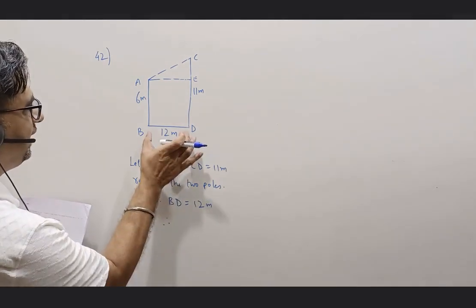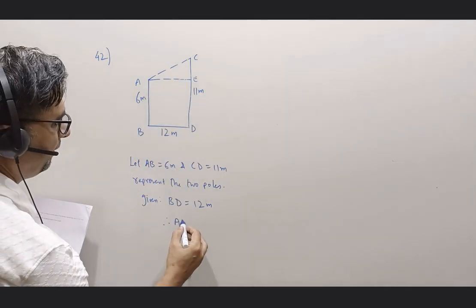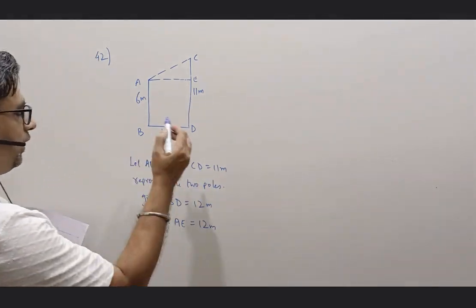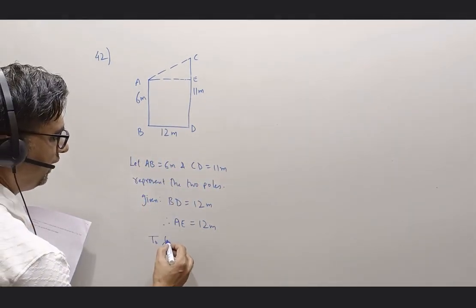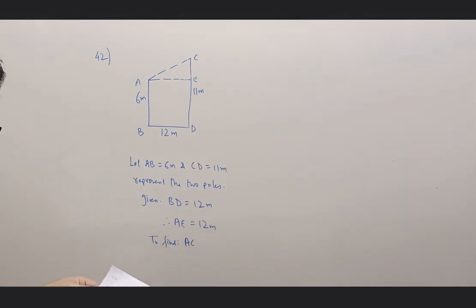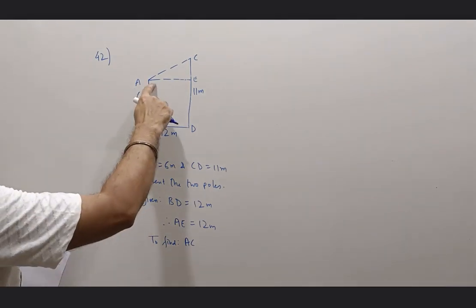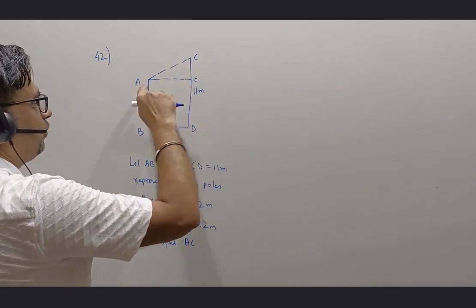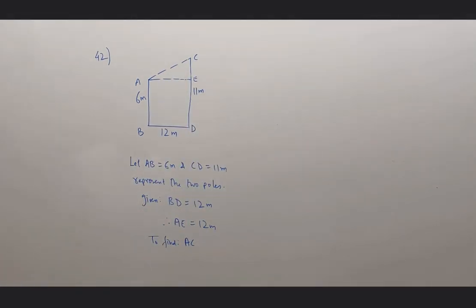Therefore, you can see that BD is the same as AE. Therefore, AE is equal to 12 meters. Now, what are we required to find? We are required to find AC. As you can read from the question, the distance between their tops. So, A is the top of the pole AB and C is the top of the pole CD. We are interested in finding AC.